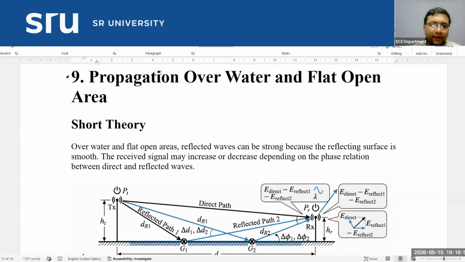This is similar to the two-ray path model. Based on the phase difference among the components at the receiver, we can decide whether this is constructive or destructive interference.